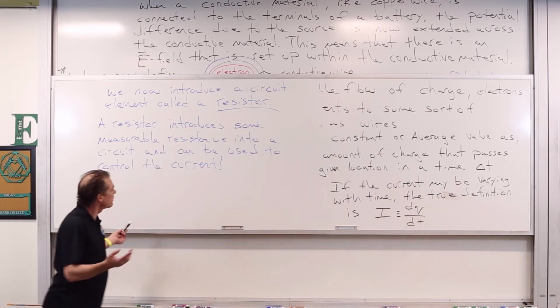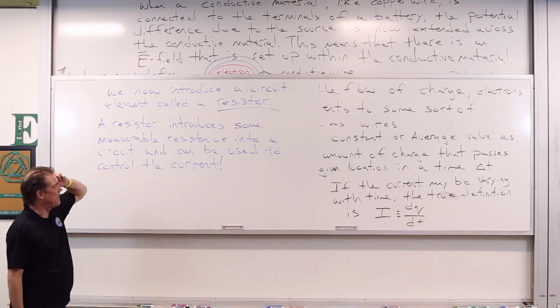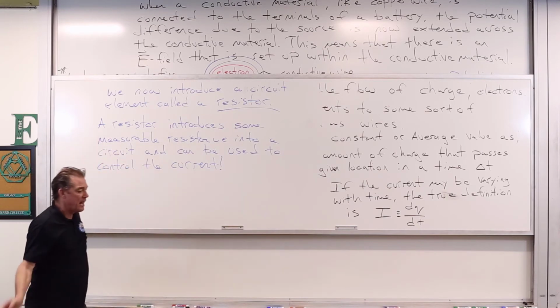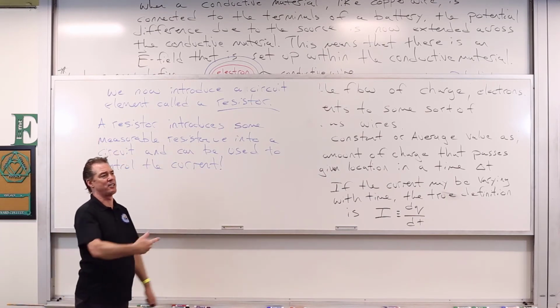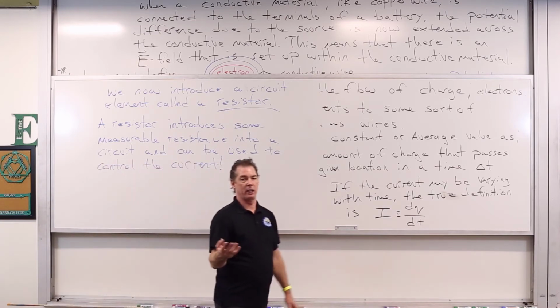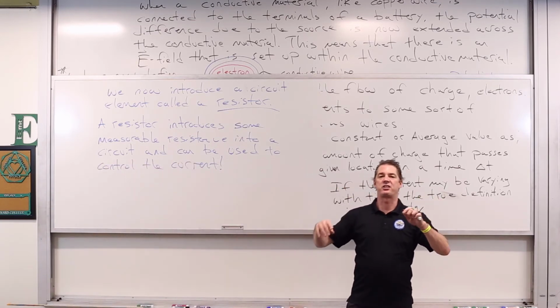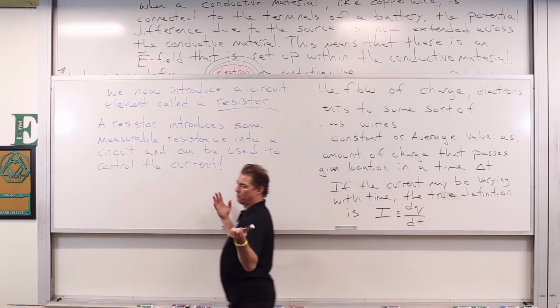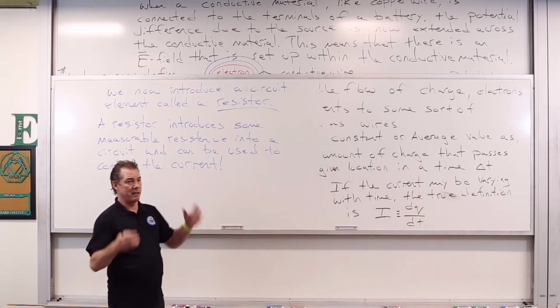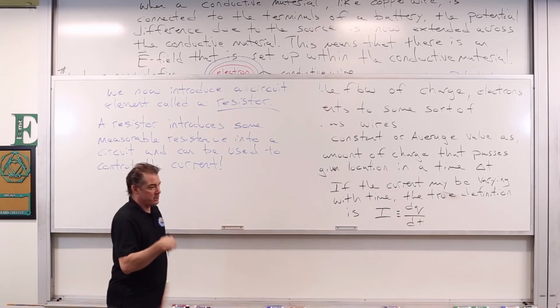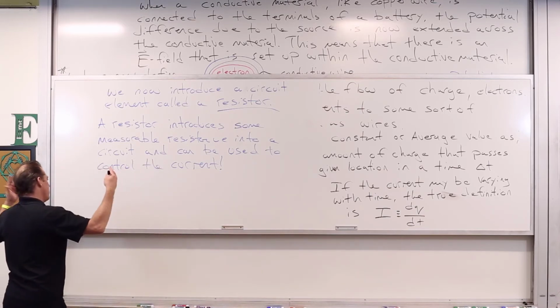But we can combine the resistance of conductive pathways and resistors into one bulk amount of resistance and say that's the overall resistance of the circuit. We call that some resistance R, or to say we have a resistor of substantial resistance, and we're just going to say, hey, there it is in the circuit. It's the overall resistance.